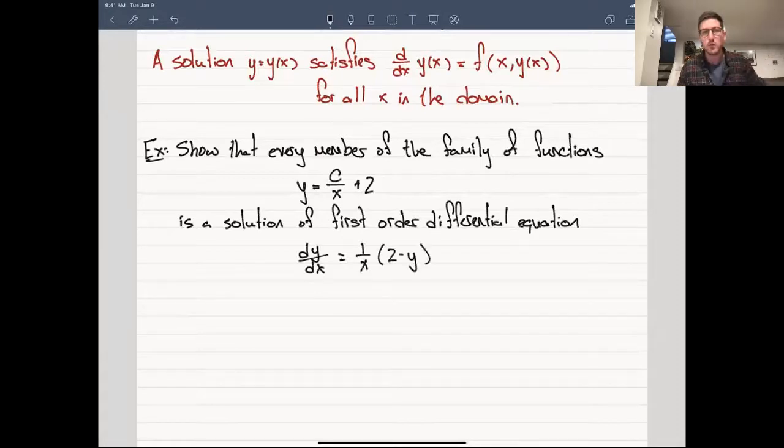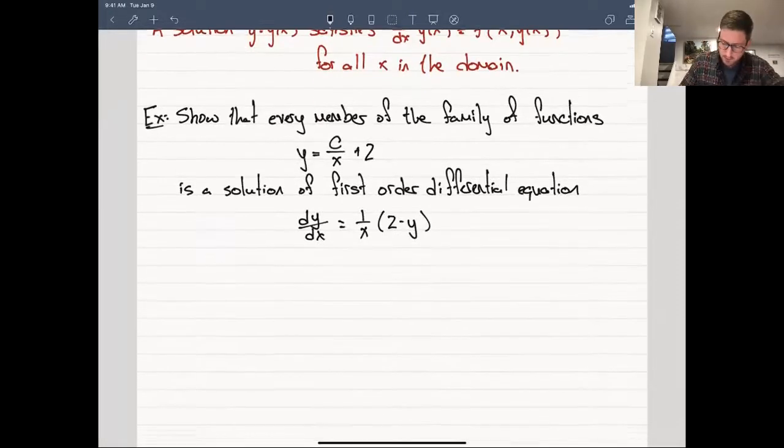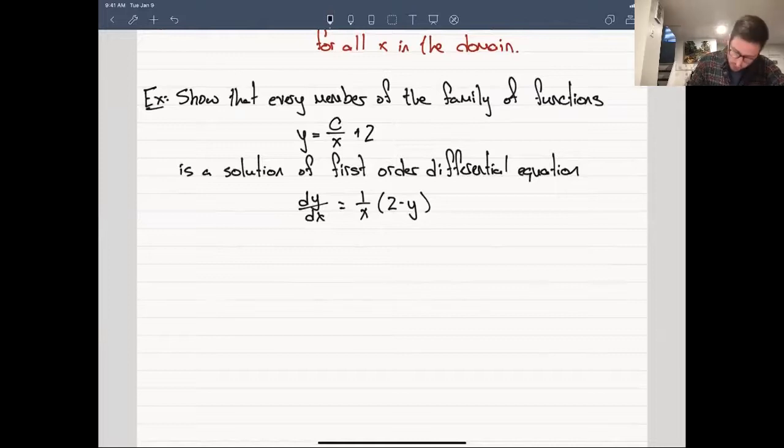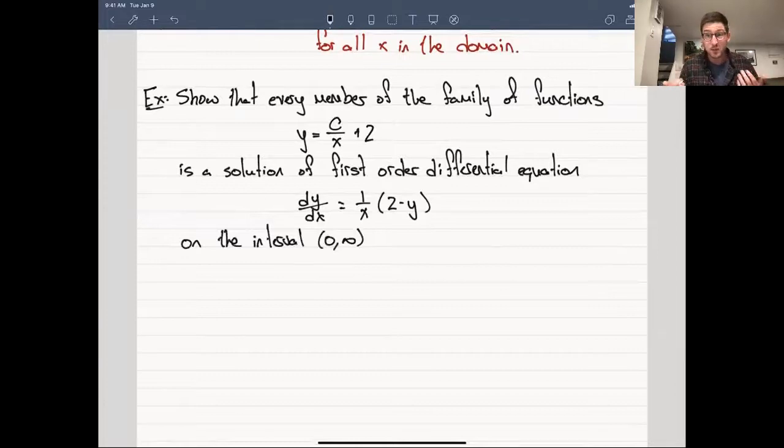So that's my general function on the right-hand side. And in this case, we're going to say that the domain is going to be the interval 0 to infinity. As you can see, my function and my differential equation are not defined at x equal to 0. And where c is any constant.